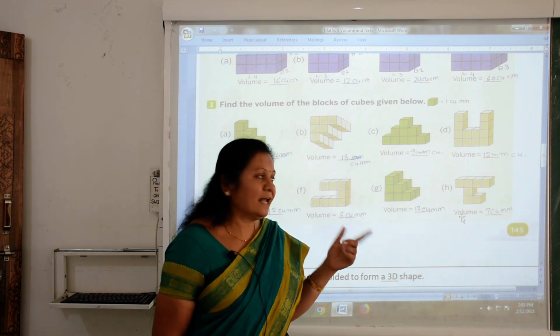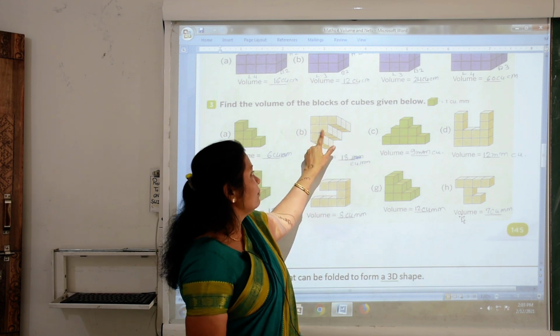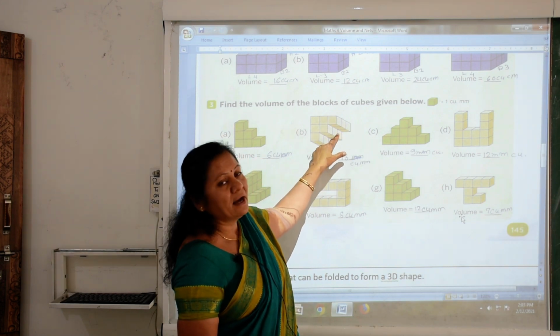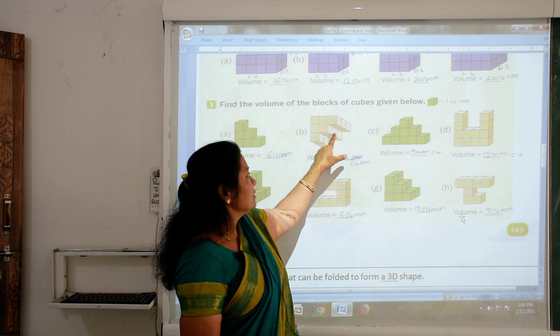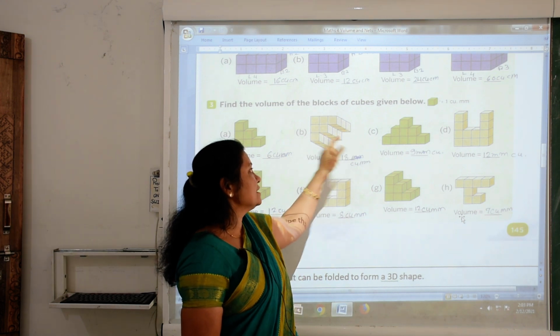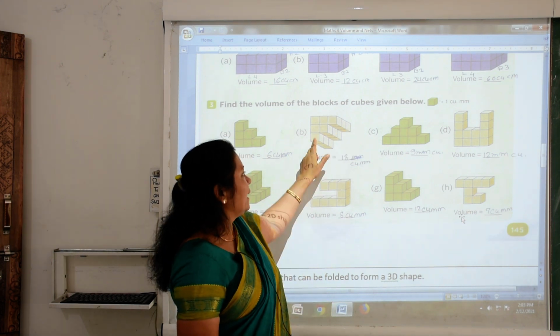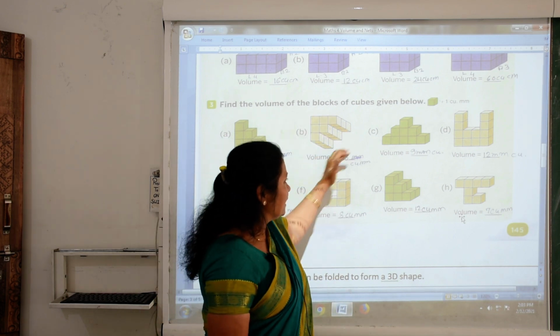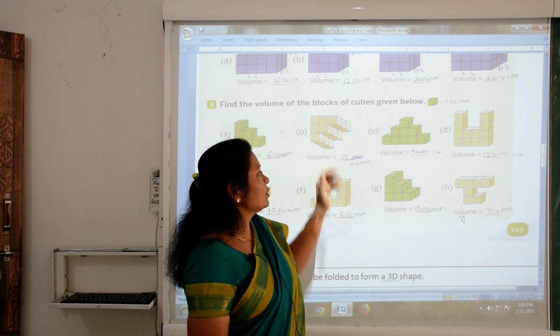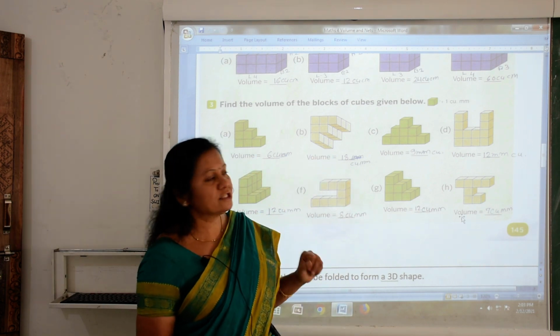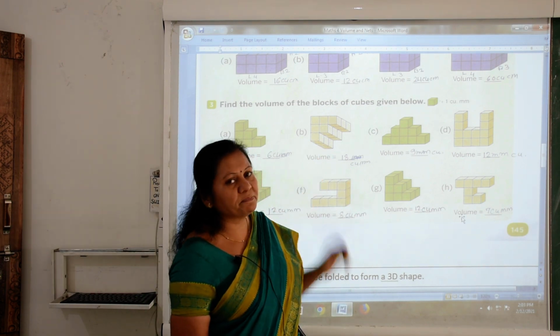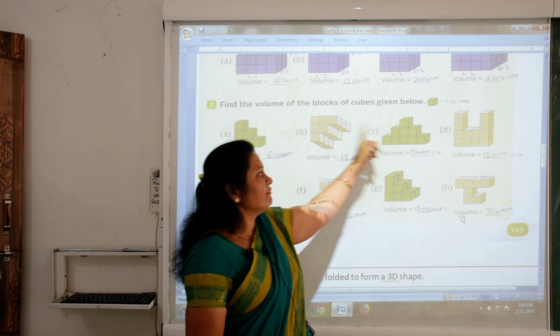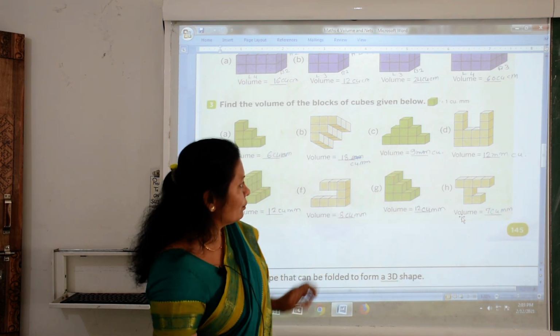It means 3 3s are 9. Here 1 2, and in one row 3. So 3 2s are 6. 9 plus 6 is equal to 15 and 15 and 3 is equal to 18. So 18 cubic millimeter is the volume of this picture. This way you can find out the volume of all the pictures.